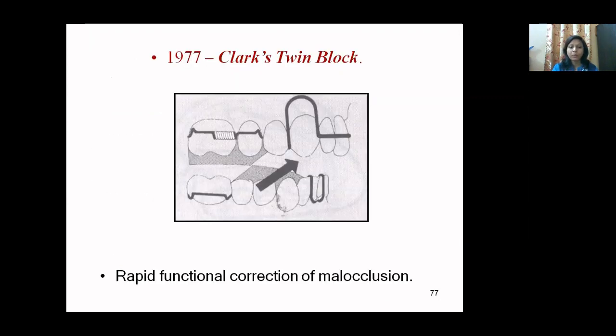It is the most accepted appliance after the activator and bionator, because it's a two-piece appliance which gives more freedom to the patient to speak and eat and everything, which is not possible in the monoblock appliances such as Andresen's activator or Walter's bionator, because they are one-piece appliances. So the major contribution of Clark is the introduction of the twin block in orthodontics, which is a basic appliance nowadays for correction of class 2 and class 3 malocclusions.